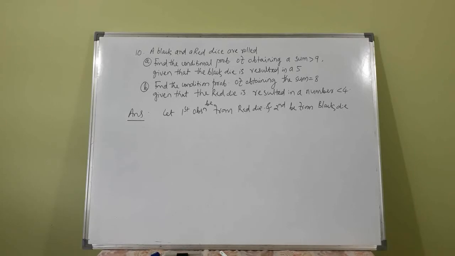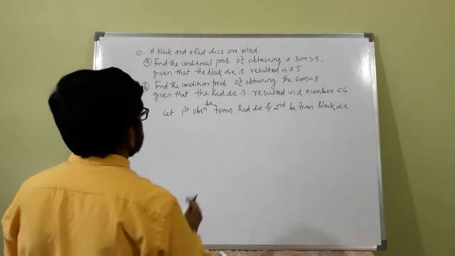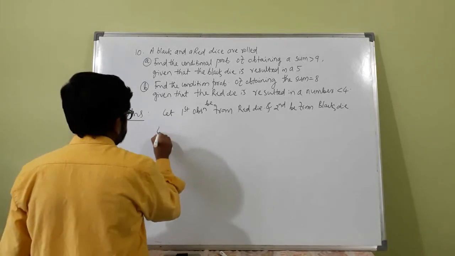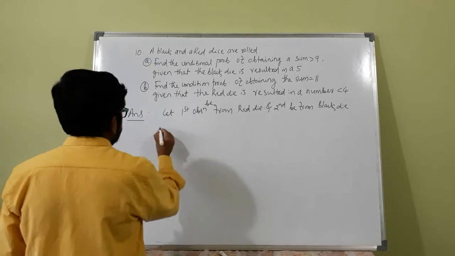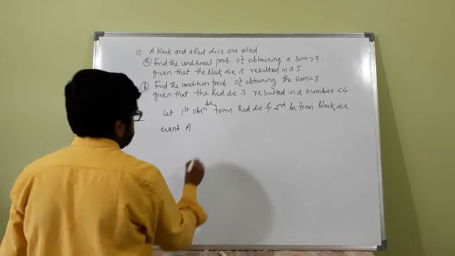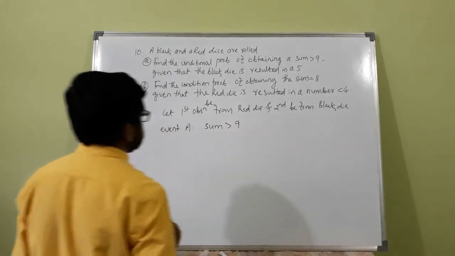Let the first observation be from the red die and the second observation be from the black die. Then event A is the sum greater than 9.